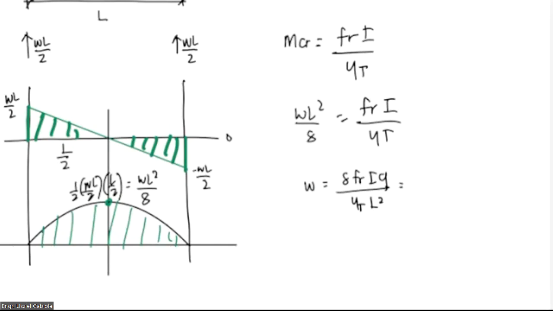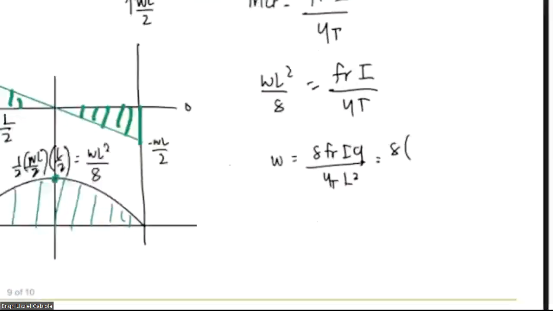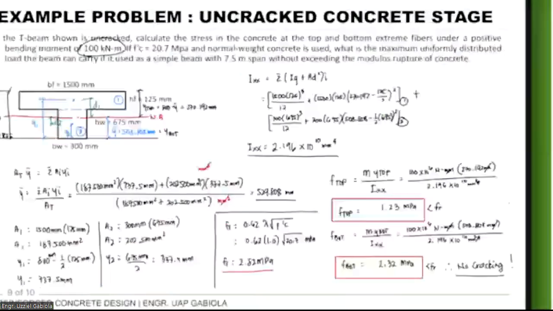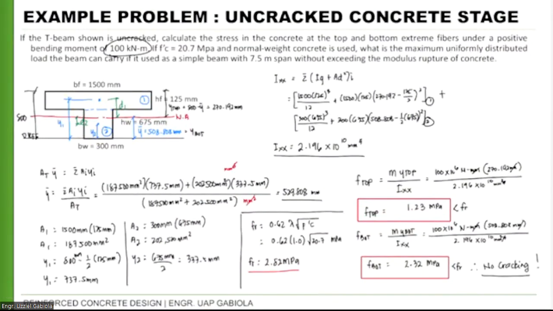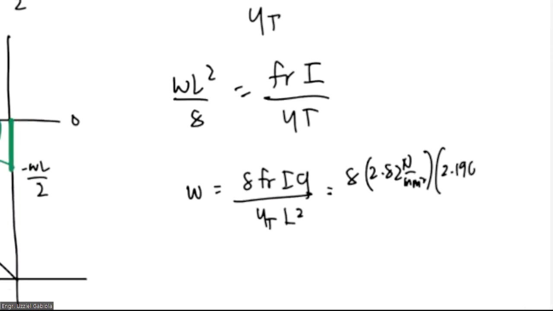So let us substitute the values. We have 8. Then for FR, we calculated 2.82 Newton per mm squared. We have the value for I, 2.196 times 10 to the 10 mm to the 4th.